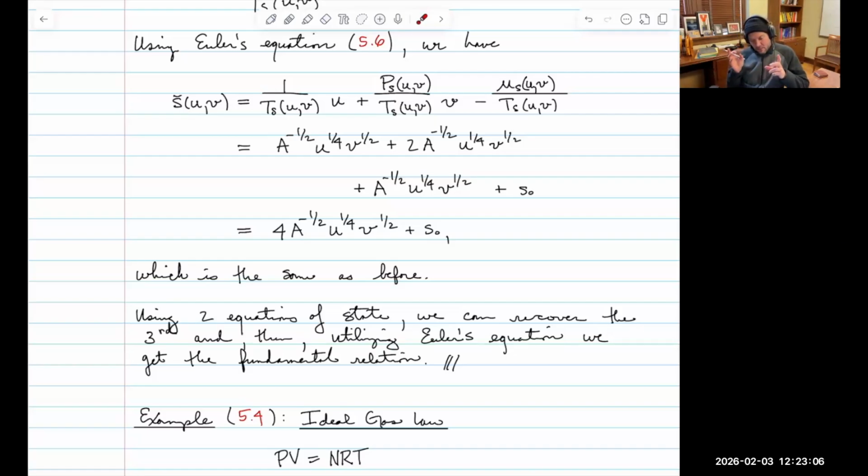And because it's homogeneous of degree 1, I know the Euler equation is true. And if I know the derivatives for a function which satisfies the Euler equation, I know everything about the function.